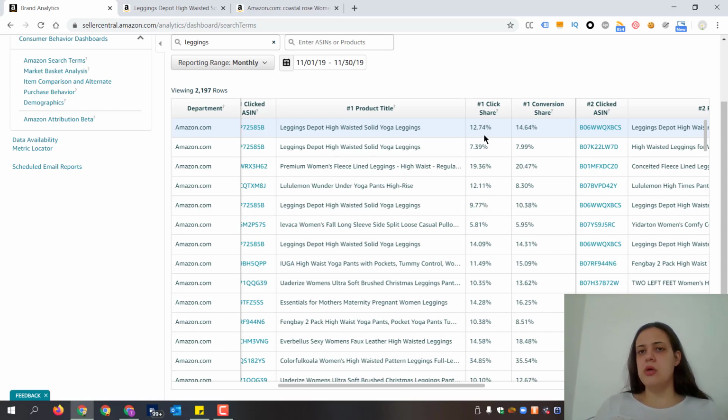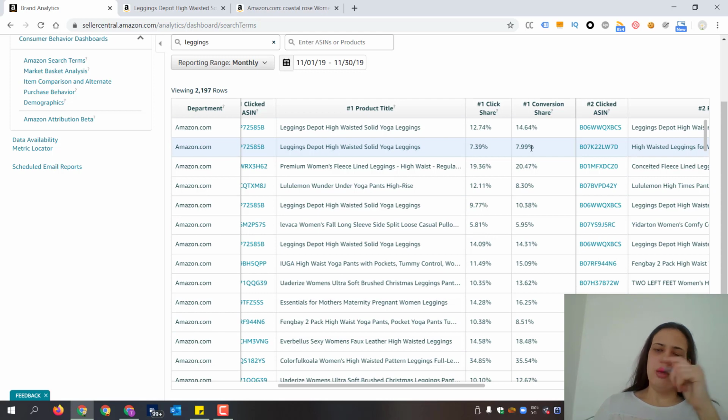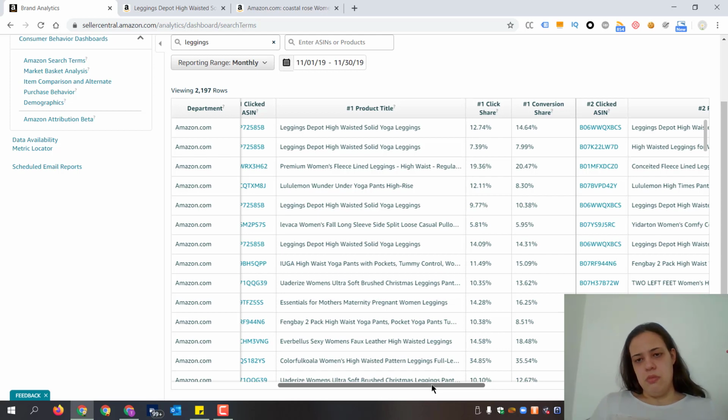They have a pretty good deal of market share for this specific search term. So there are things to learn from them, basically. Number one conversion share is the percentage of conversions that they received out of 100%. Everyone else is 86%. So they have a pretty big market share over there.